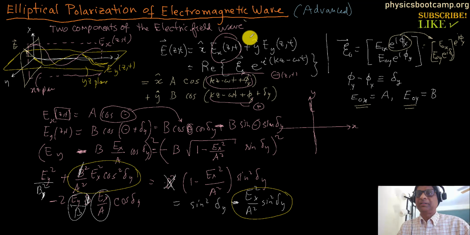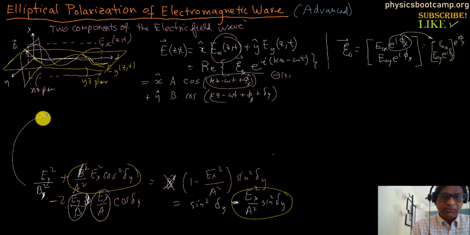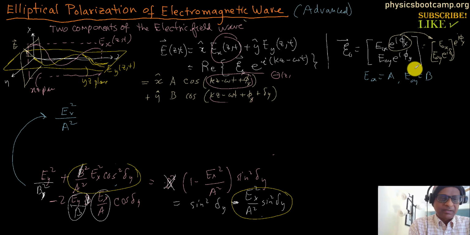Let me erase something, come back to it. Okay, so this thing should look like this, and with that it will make Ex square over a square. Remember, a was E0x, just a constant, and E0y equals b.